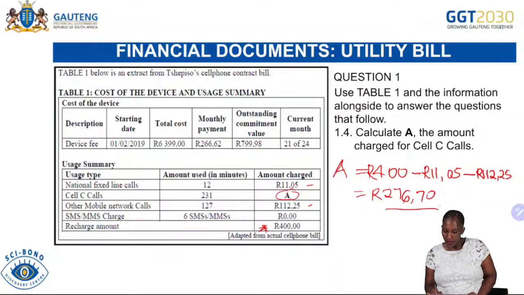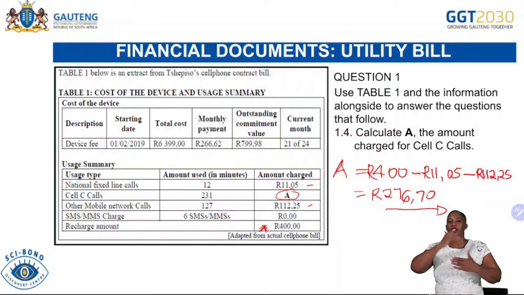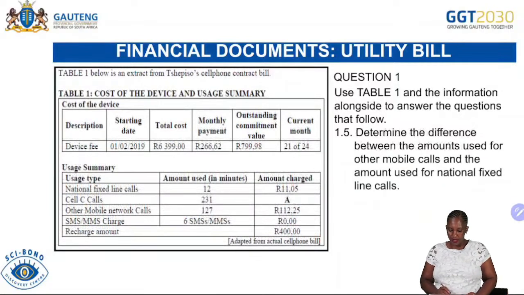Now the value of A, we're able to calculate it because we have the recharge amount. We just subtract the other amounts given from the 400, and then we are left with that 276. Now let's go along. Let's continue. It says determine the difference between the amounts used.